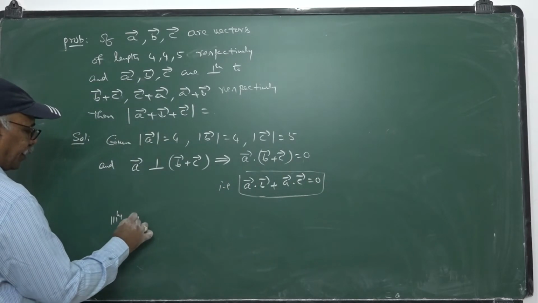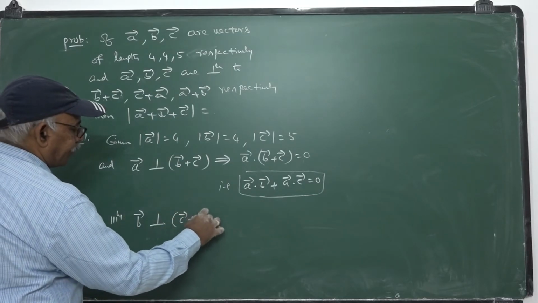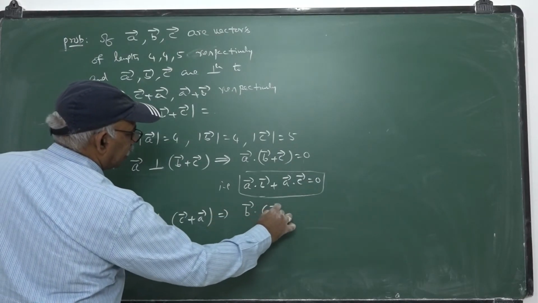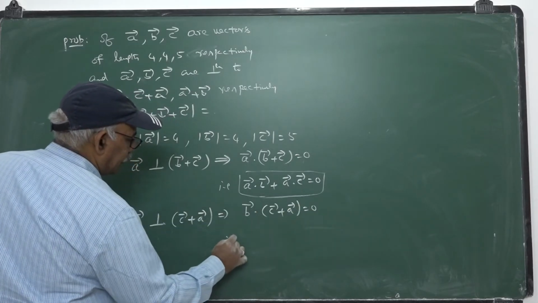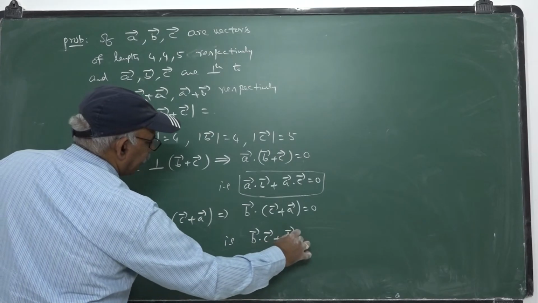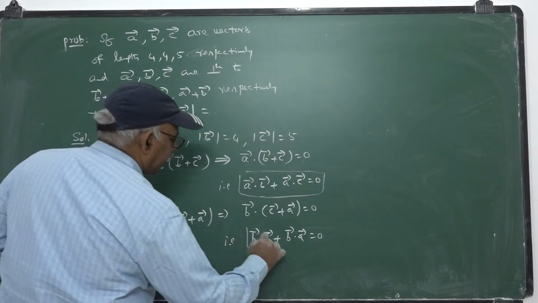Similarly, B bar is perpendicular to C plus A. That implies B bar dot C plus A is 0. That gives us B dot C plus B dot A is 0. This is one more relation.